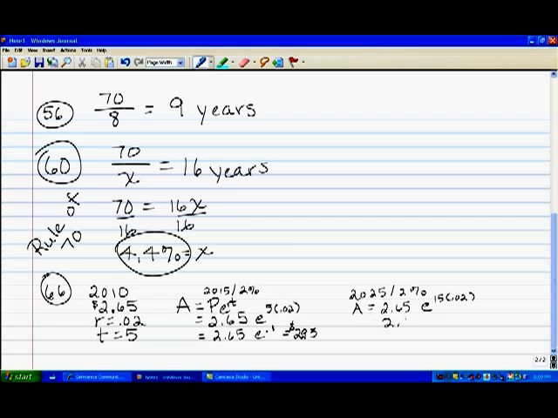So 2.65 and 15 times 0.02 is going to give us 0.3. So we want to calculate that. 2.65 times, and I'm using my e to the x key, and I want 0.3. And that makes it $3.58 a gallon.